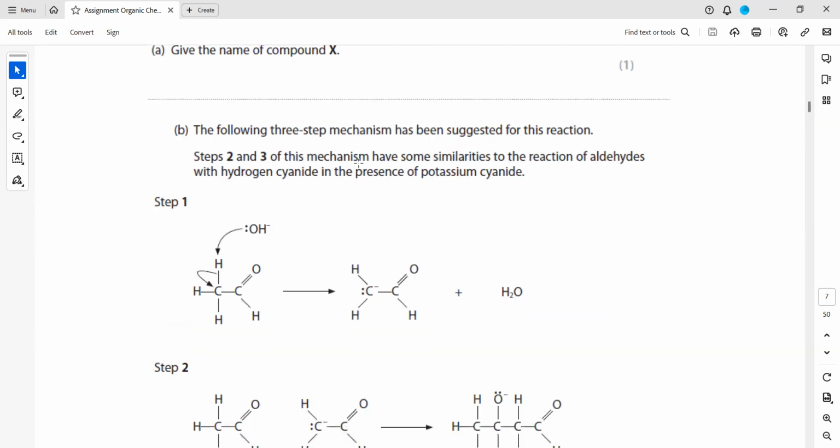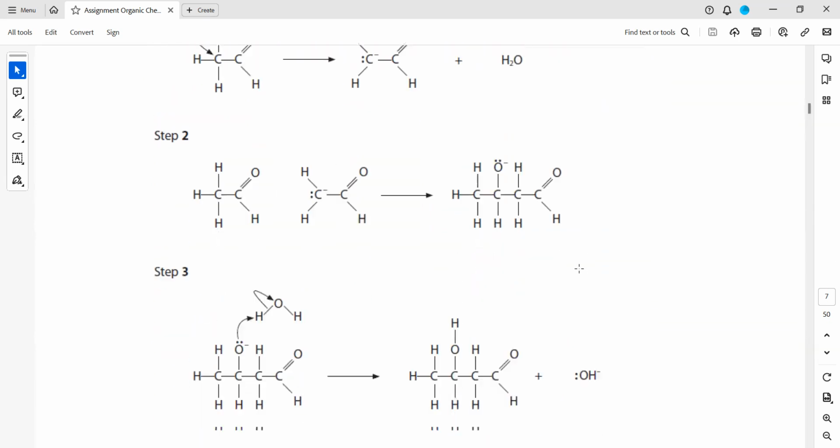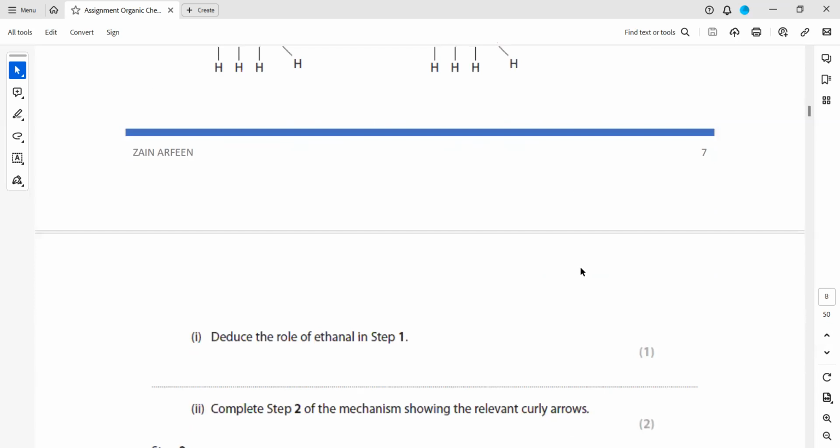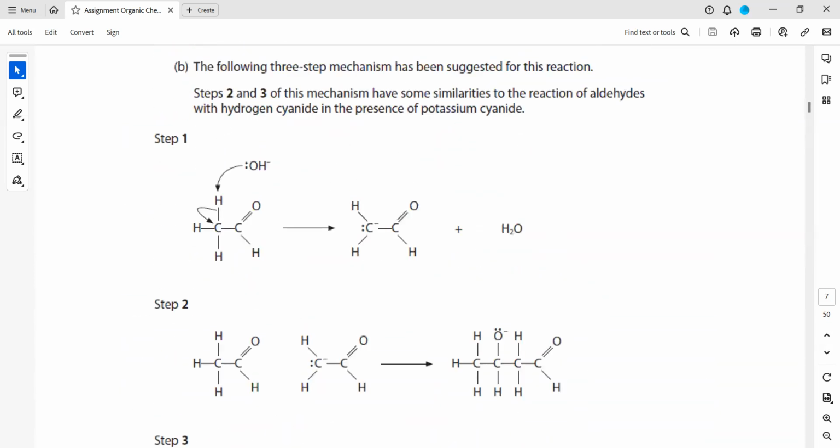The following 3-step mechanism is suggested for this reaction. Step 2 and 3 have some similarities to a reaction of aldehyde with hydrogen cyanide. Deduce the role of ethanol in step 1. So what is the role of ethanol in the first step?